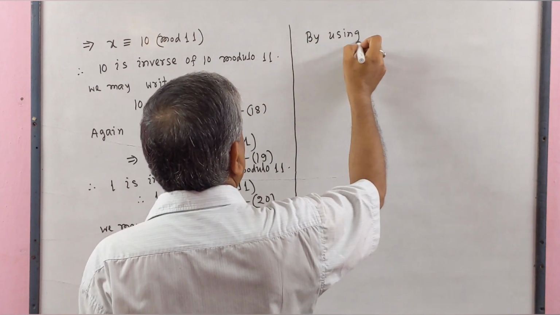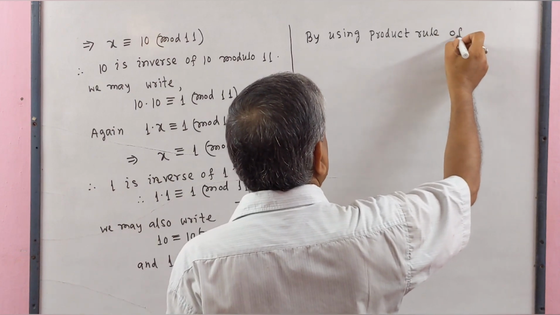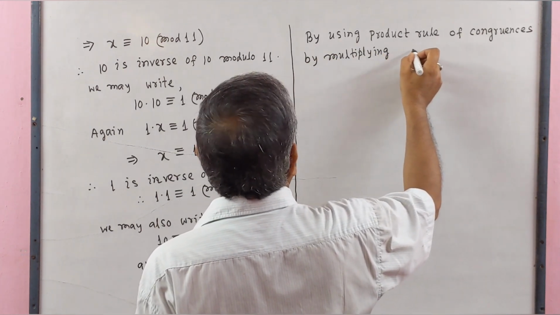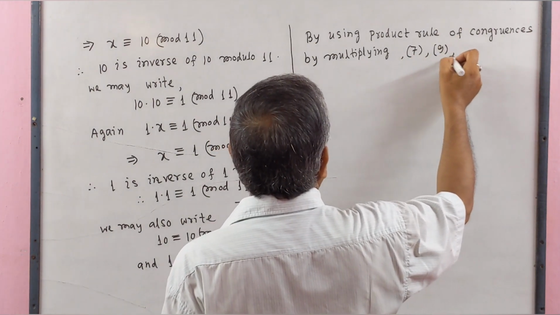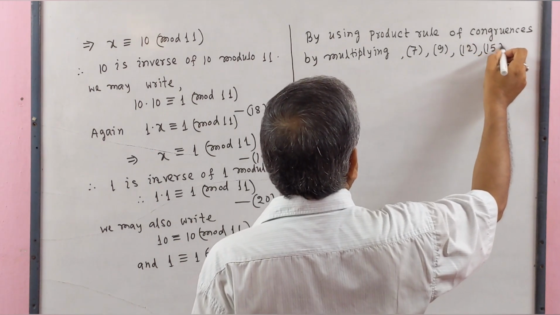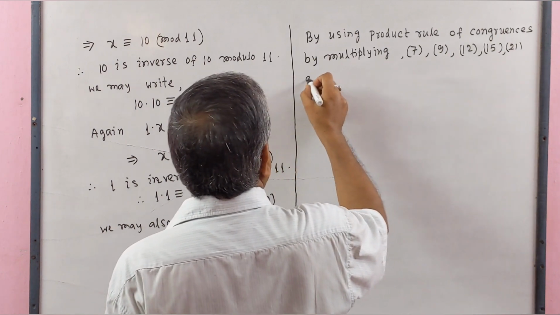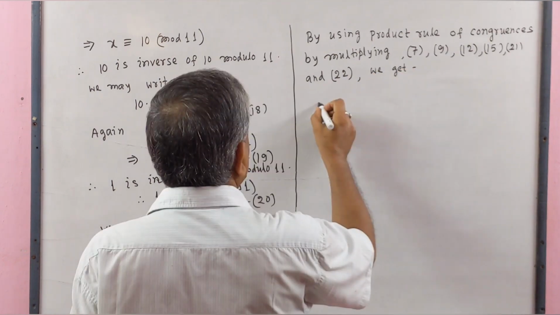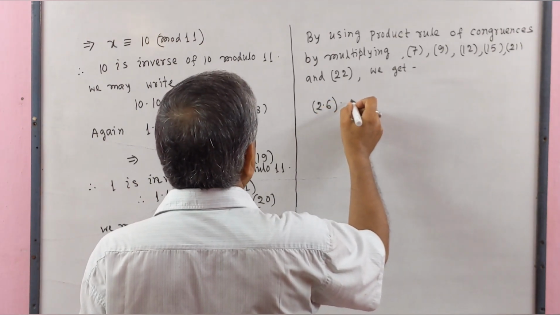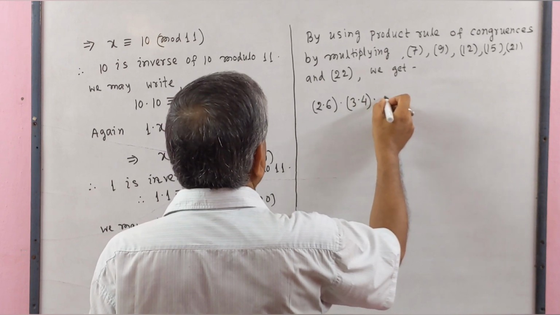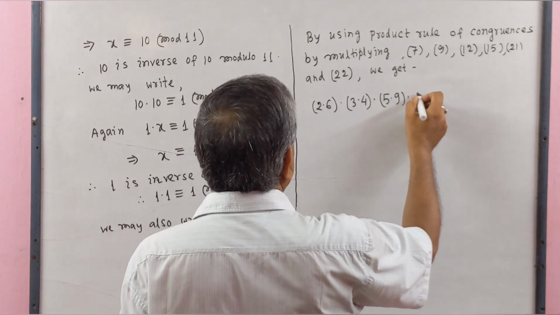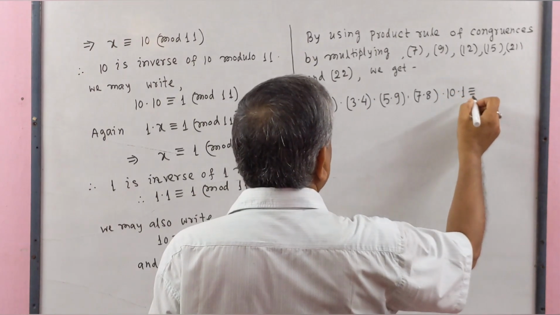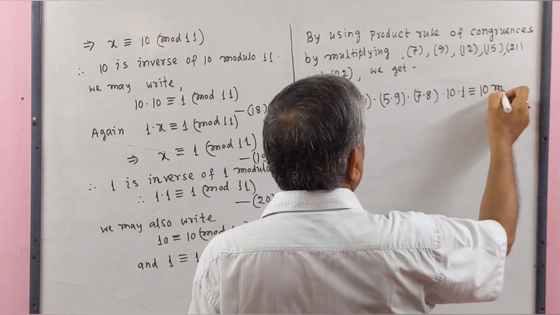By using the product rule of congruences, by multiplying 7, 9, 12, 15, 21 and 22, we get 2 multiply 6 multiply 3 multiply 4 multiply 5 multiply 9 multiply 7 multiply 8 multiply 10 multiply 1 is congruent to 10 modulo 11.